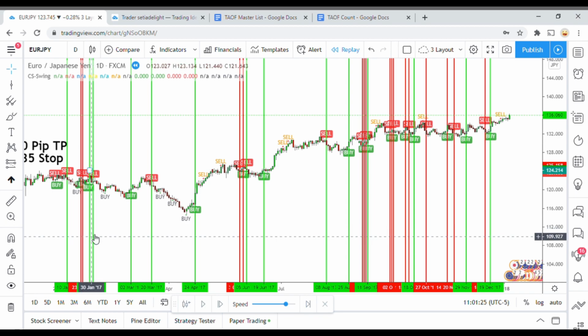And we have 1, 2, 3, 4, 5, 6, 7, 8, 9, 10, 11, 12, 13, and 14. So 14 winning signals. And so unfortunately, that is not going to meet the 60% criteria.